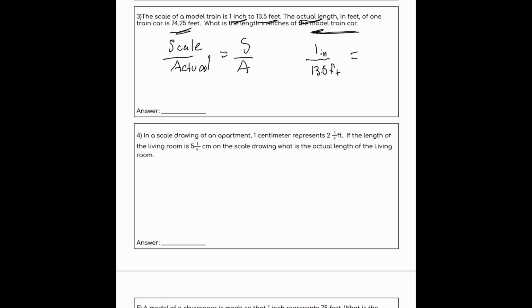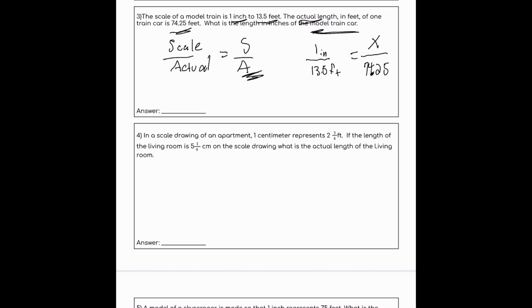The actual length in feet of one train car is 74.25 feet. So actual on this side, I'm going to put 74.25 there. In this case, we are finding the scale, okay? So the scale model of it, we don't know what that length is, so we can put an X there.